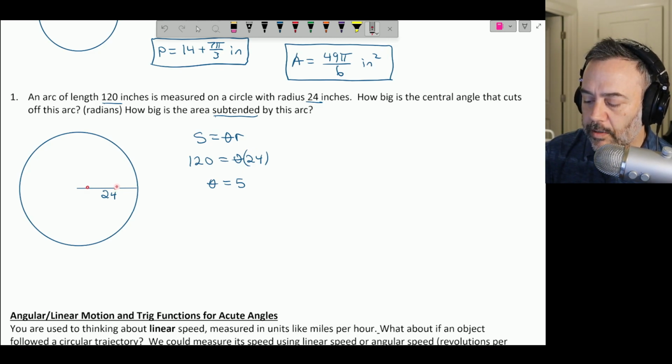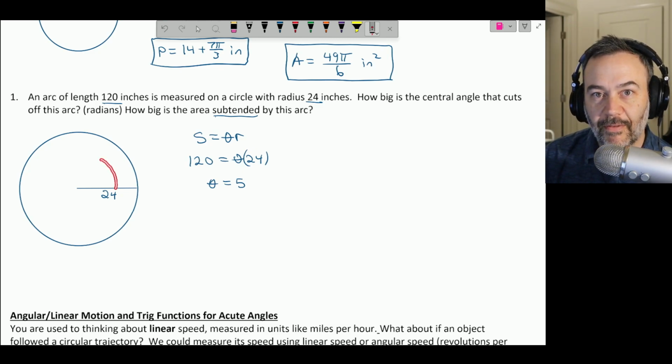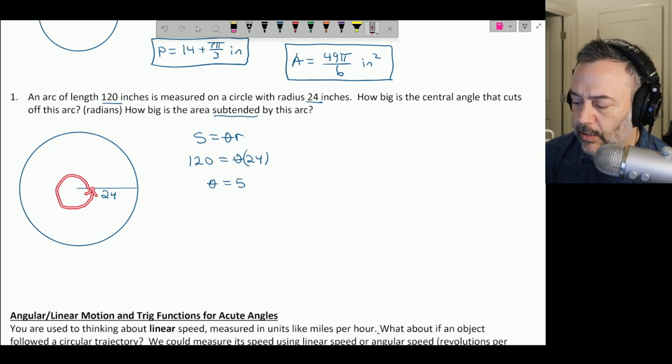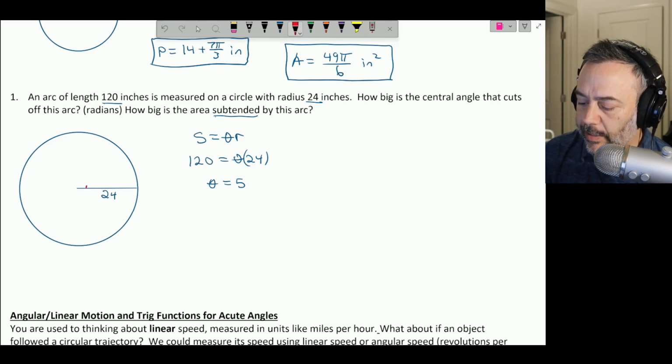By the way, 5 radians. Remember 1 radian is just a little less than a third of a circle, about 57 degrees. And remember that a half turn is pi, that's a little more than 3. So a full turn is 2 pi, that's a little more than 6. So 5 radians would be somewhere over here, kind of in that direction.